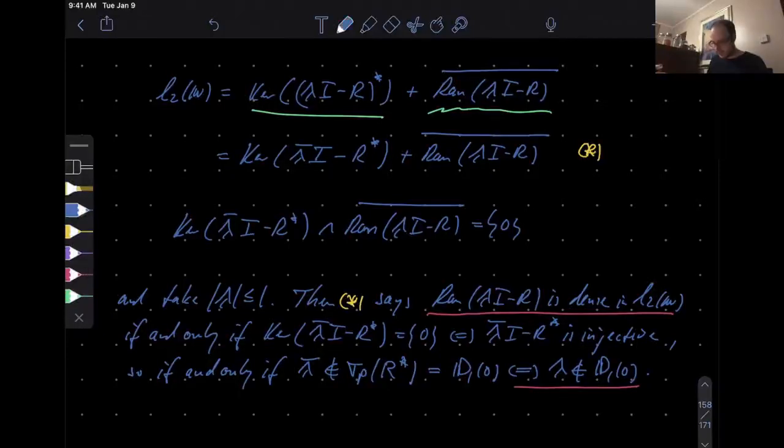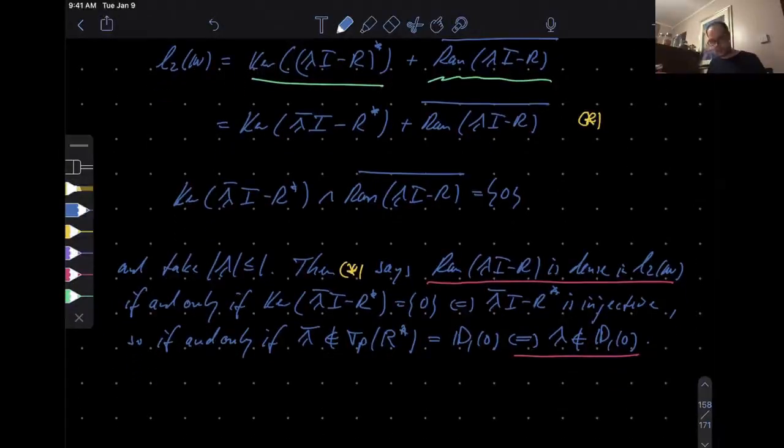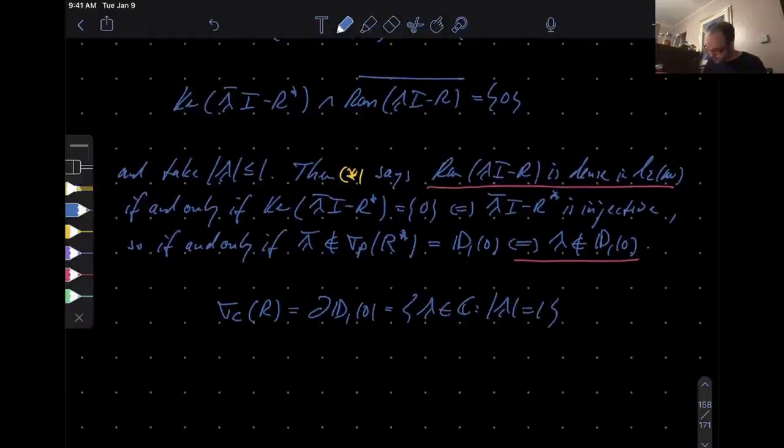So what does this tell me about the continuous spectrum and the residual spectrum? Well, when I'm inside the open unit disk, then my range is not dense, and when I'm on the boundary, then it will be dense. So let's write it down. The continuous spectrum of R is, in other words, just the boundary, so partial D, these are lambda in C with modulus of lambda equal to 1.